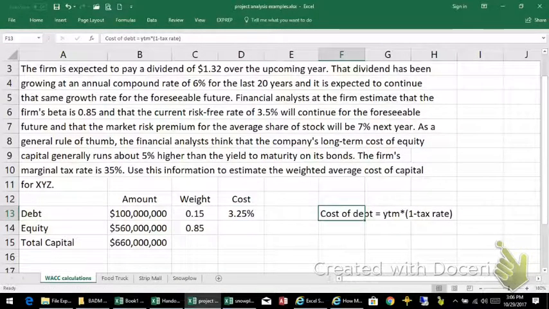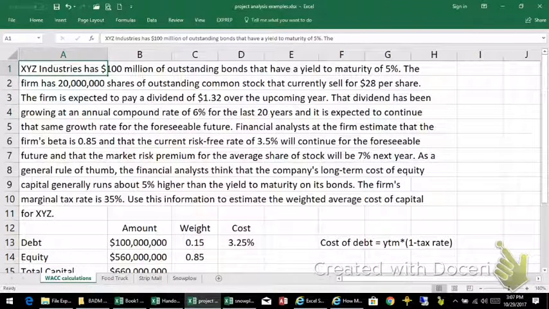Now, to calculate the cost of equity, I have several different options here. I could use discounted cash flow because I know the current price, the expected dividend, and a constant growth rate of dividends.